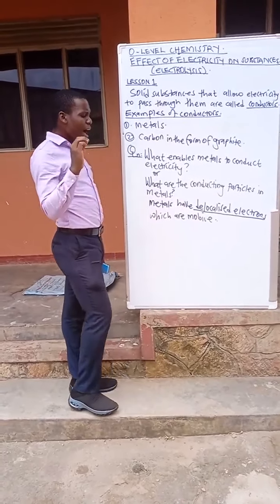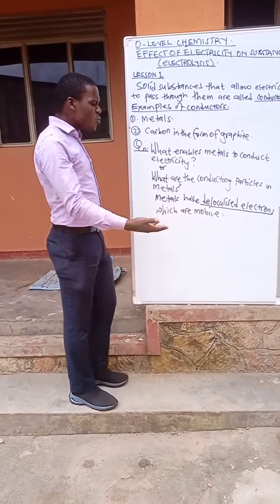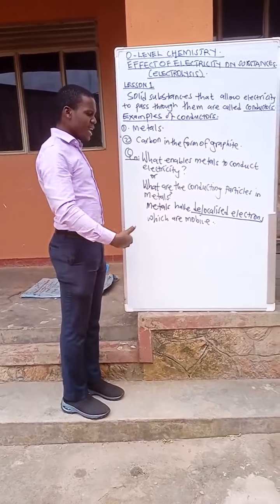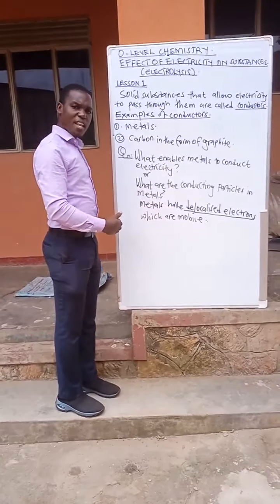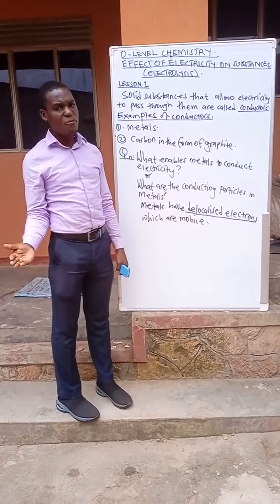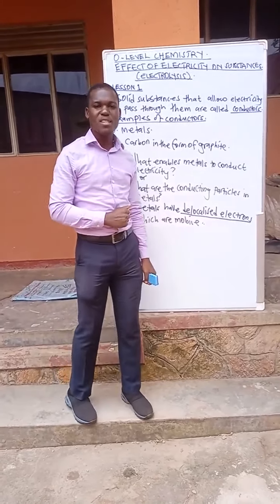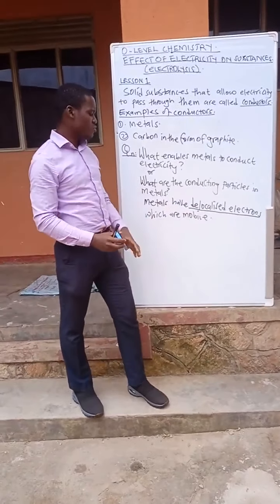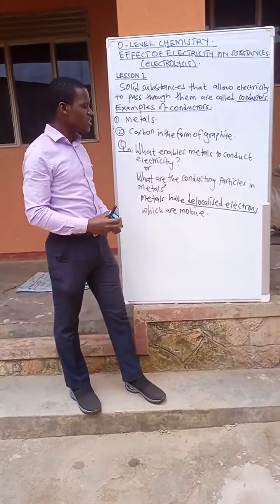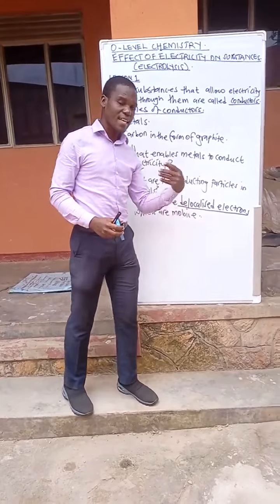Now, we have to understand how these delocalized electrons come about. Because metals have electrons, and non-metals also have electrons. Now, why are we saying that the metals have the delocalized electrons, and it is these delocalized electrons that enable them to conduct electricity?